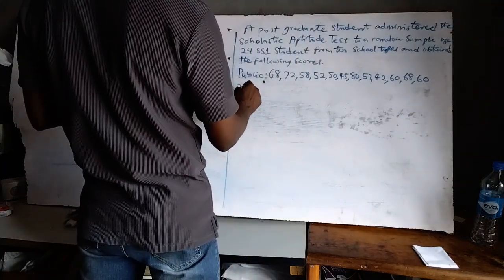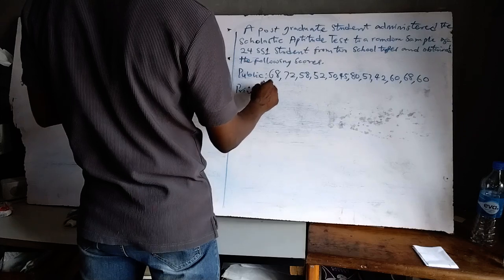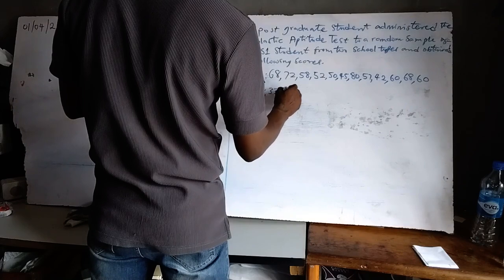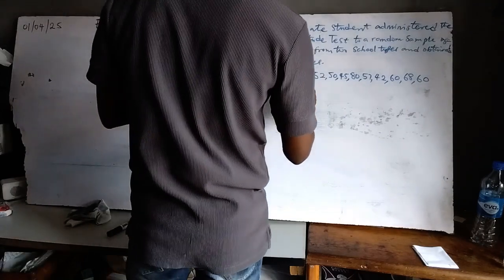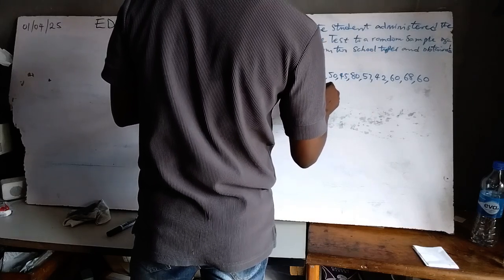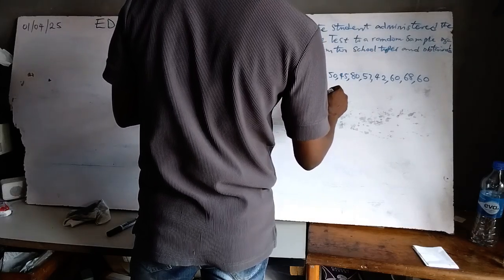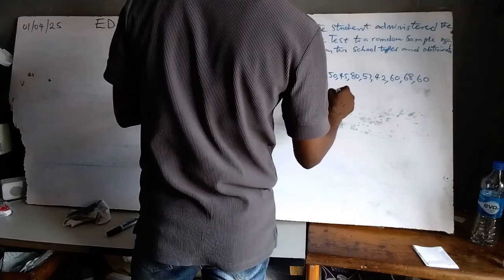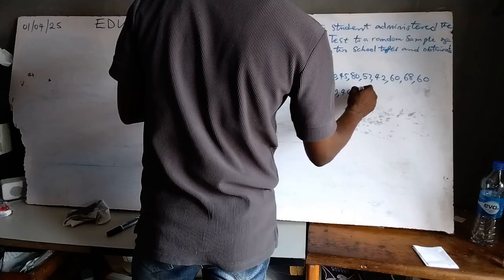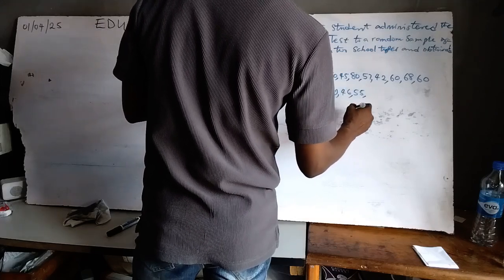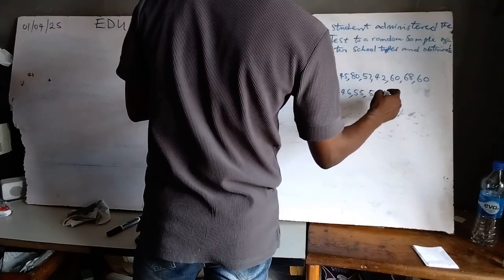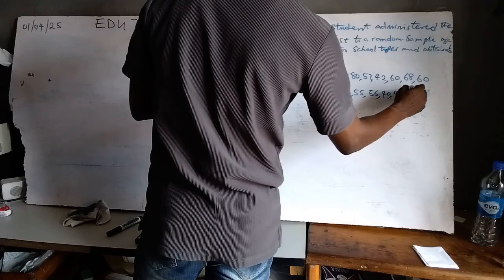Then for private, we have 33, 53, 40, 43, 45, 59, 46, 55, 56, 40, 45, 52.